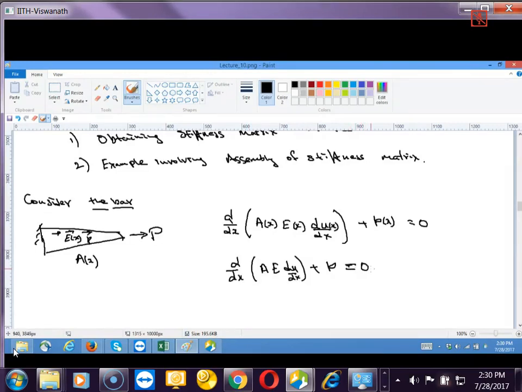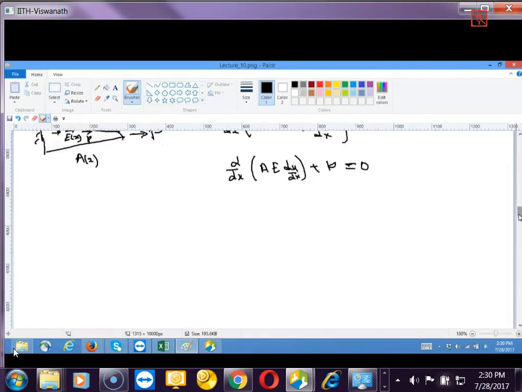Now let's use the same method of weighted residual. Let's say instead of u, I am approximating u with u tilde, plus I have some error.